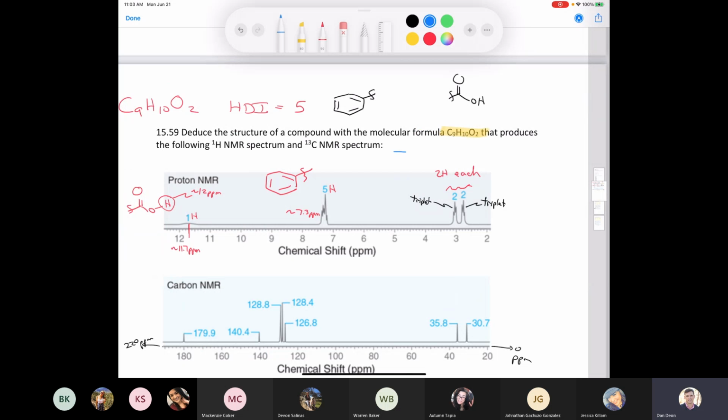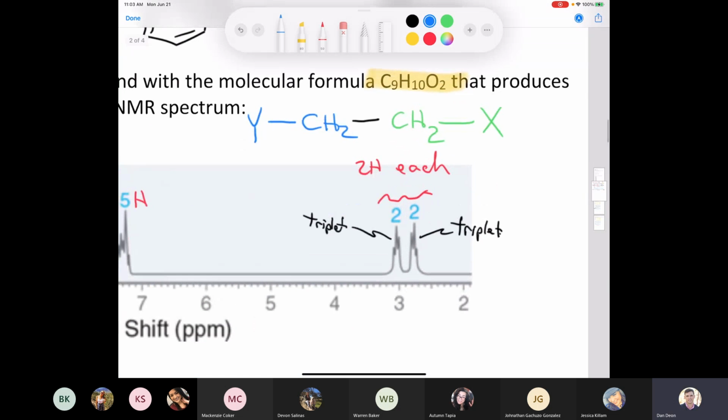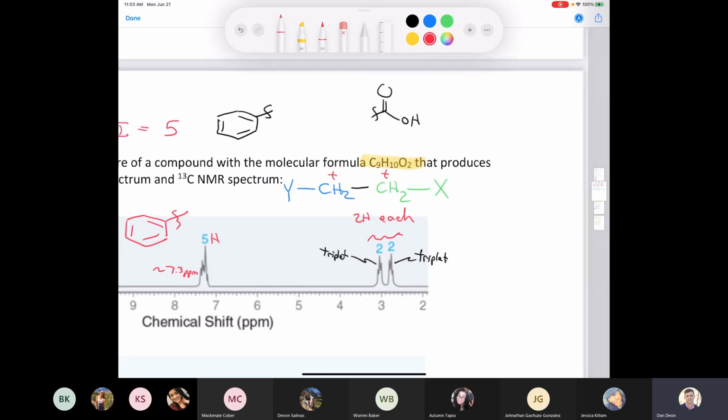If I have a methylene coupled to another methylene, and these are both attached to different groups, that means that these 2 protons will be split by these 2, so that's going to give me a triplet. And then these 2 protons are going to be split by those 2, which will also give me a triplet.